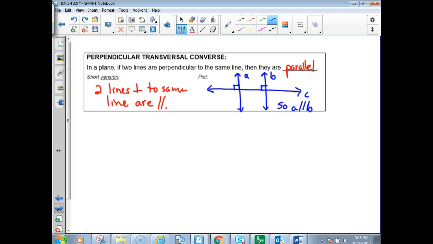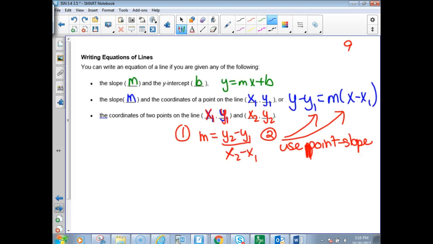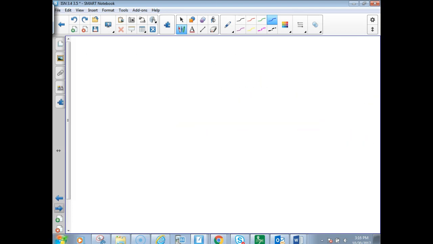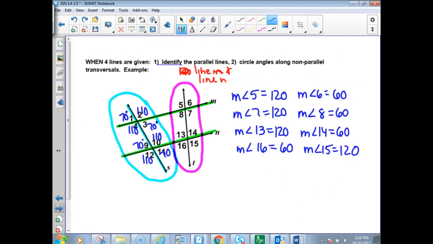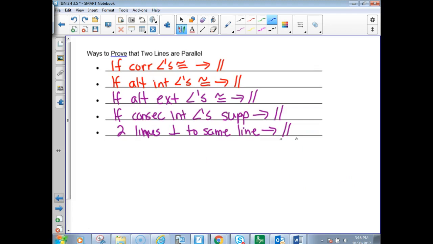Okay, I believe next we have a little summary of the ways to prove lines parallel, which somehow I squeezed in those things. So I'll go find it. And isn't that next right there? Okay, so I'll let you copy down the 5 ways to prove parallel lines. This is again how to prove that two lines are parallel.